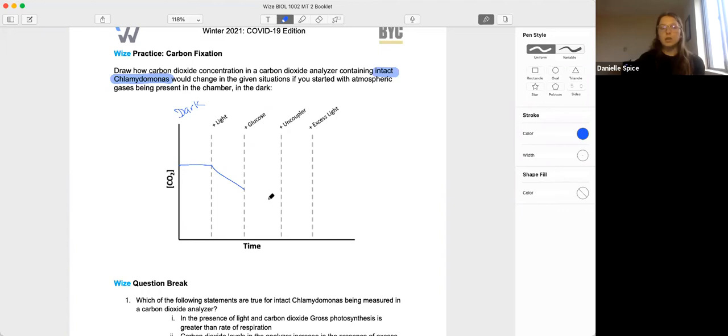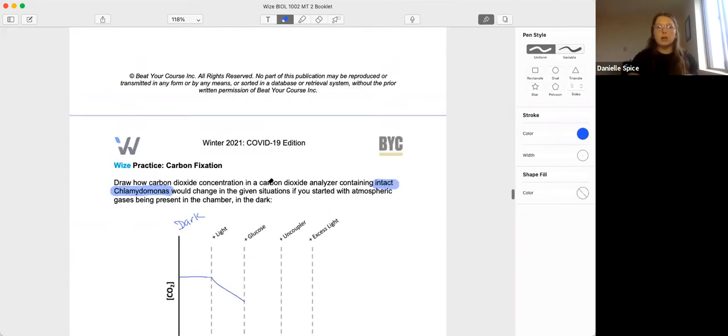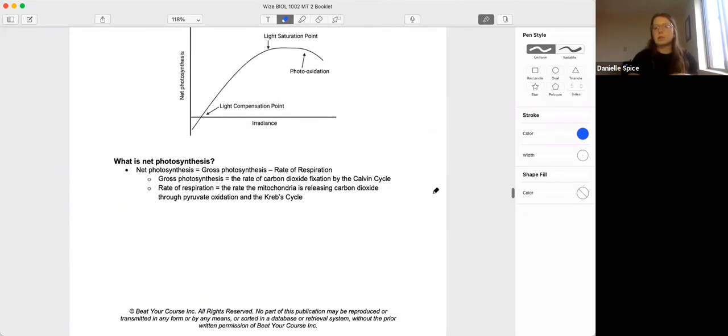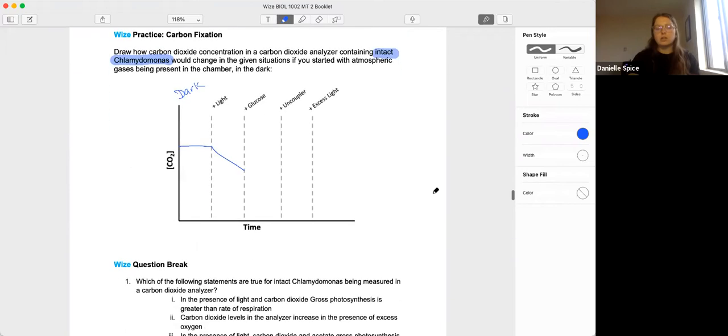So now if we have equal amounts, we could potentially be reaching our light compensation point almost. So we can kind of have one of two options.